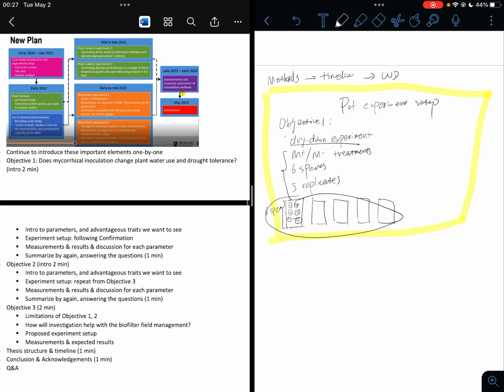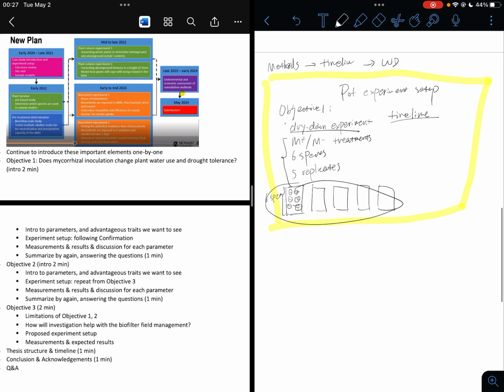And for the pot experiment setup, we also introduce the timeline. Probably the timeline would be establishment, then colonization, the inoculation, and after inoculation we keep them well watered.